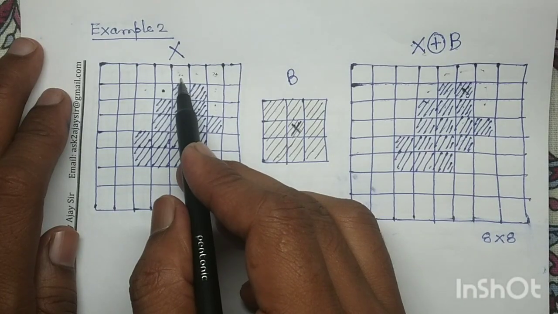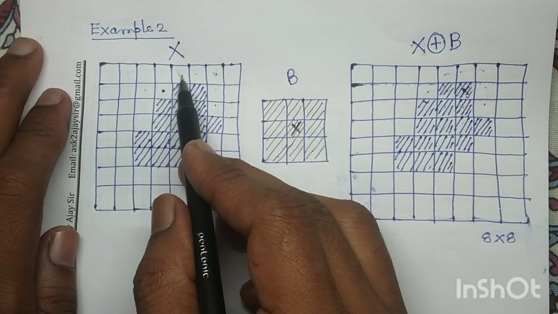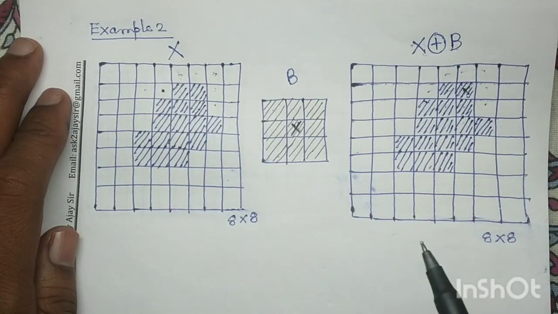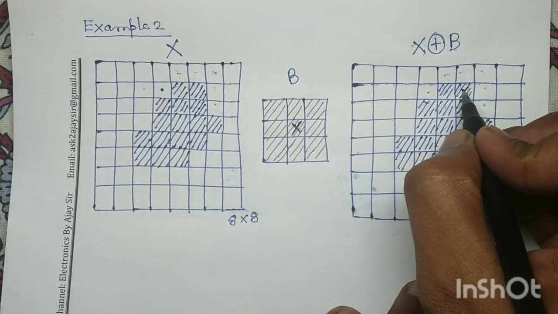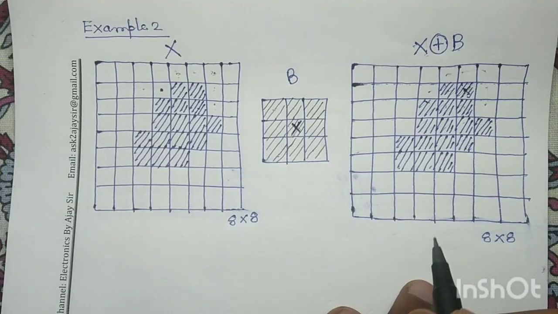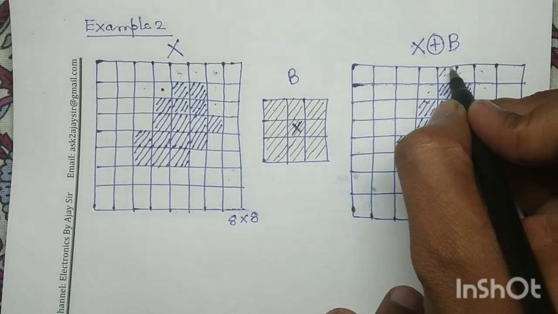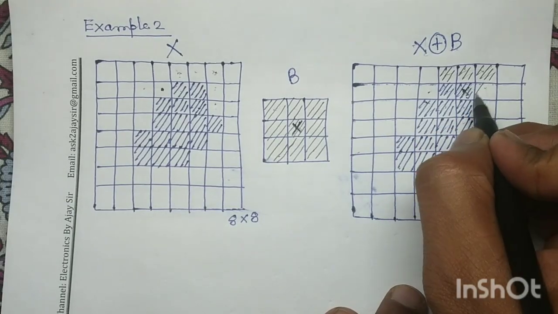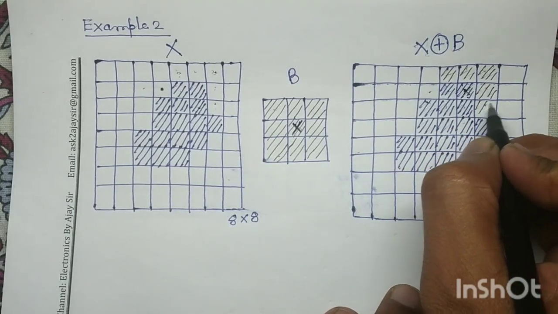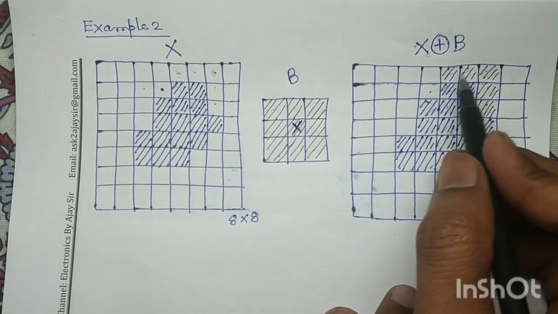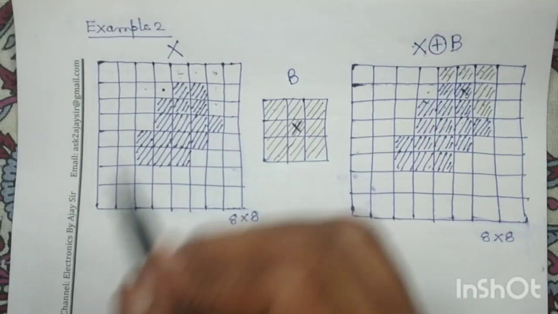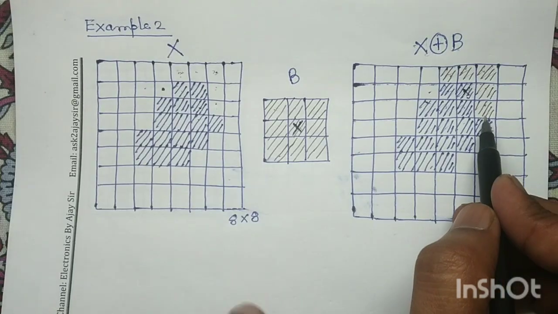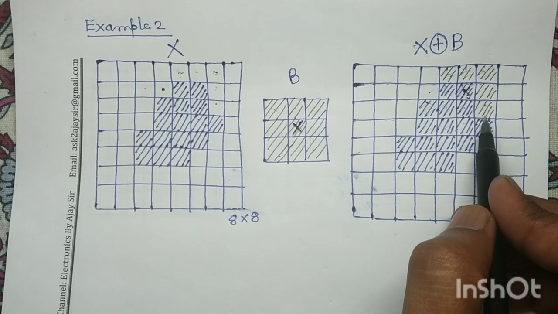So the logical OR operation between logic level 0 and logic level 1 becomes 1. So if we place the structuring element here, targeting the 8 neighborhood pixels, this and this, which are logic 0 in image set X, now become logic 1 after performing the dilation operation.